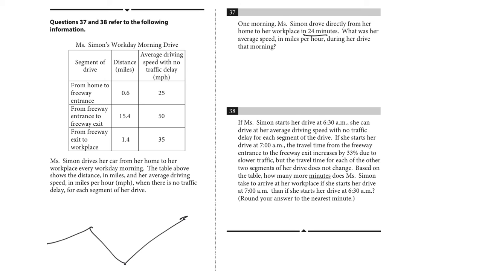So she covered 17.4 miles in 24 minutes. 24 minutes is 24 over 60, which is 2 over 5, or 0.4 hours.